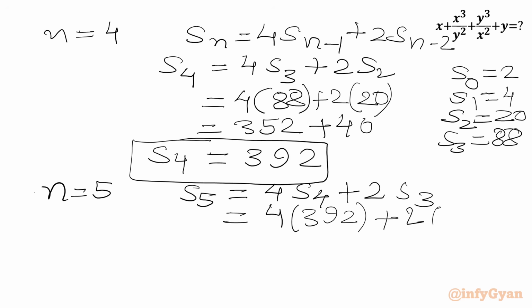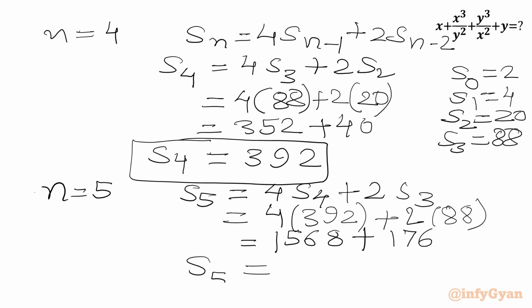S3 is 88. 4 times 392 is 1568 plus 2 times 88 is 176. We'll add both the numbers to get the value of S5. It is 1744.